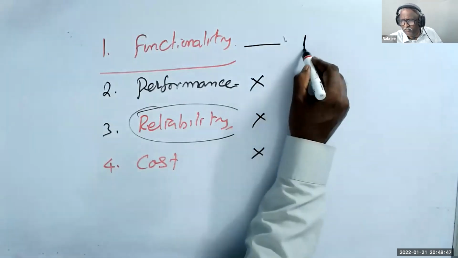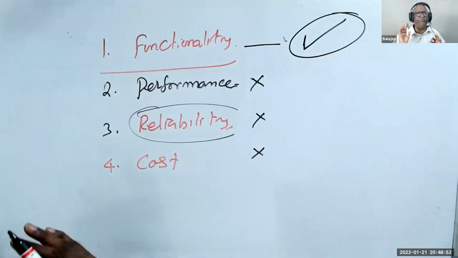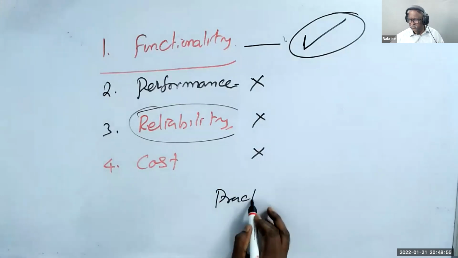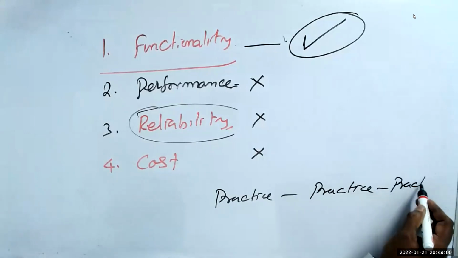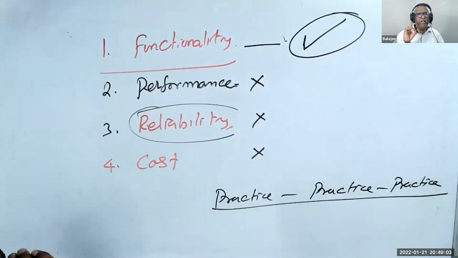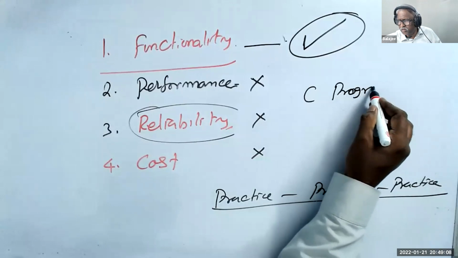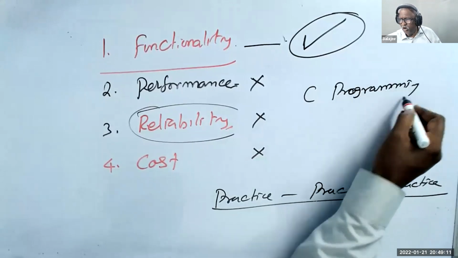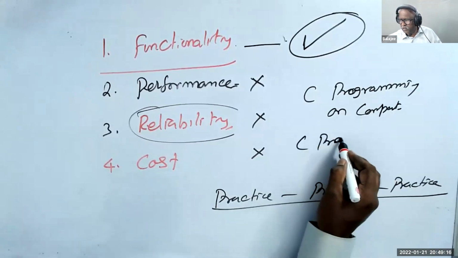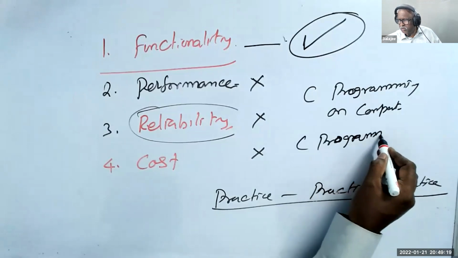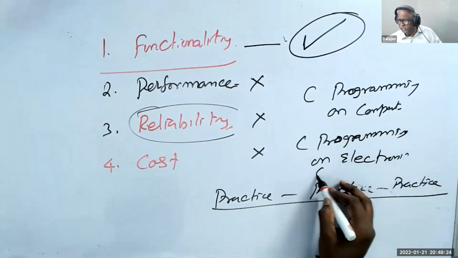Right now, learn functionality. That means you could write code perfectly for the requirement in the shortest time. Practice. Practice. Practice. Also, one more thing I'll tell you, there is no difference between C programming on computer and C programming on electronics, which you call embedded.